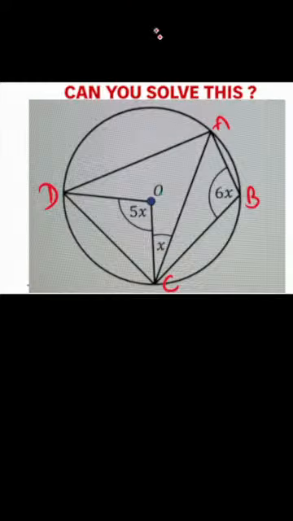We have multiple approaches for this, right? So what I am going to use here, I'll take this. If this is 6x, I can solve for this particular angle, right? This would be 180 minus 6x, correct?